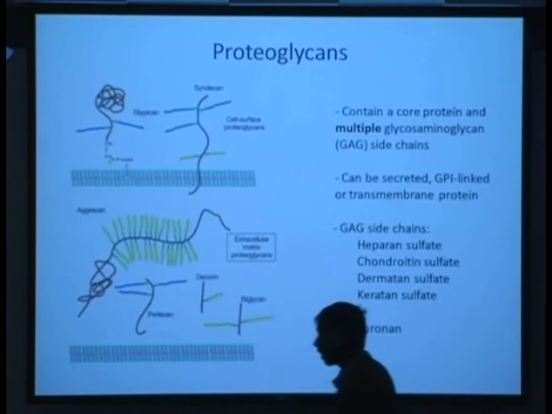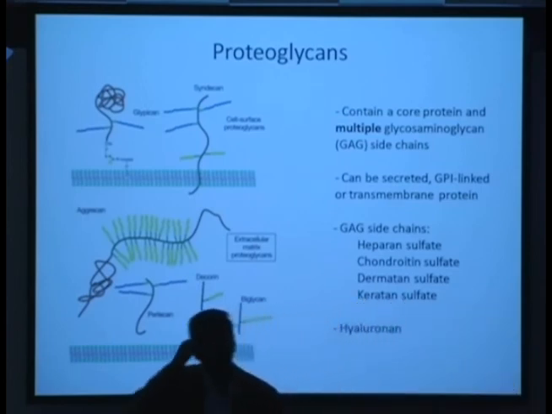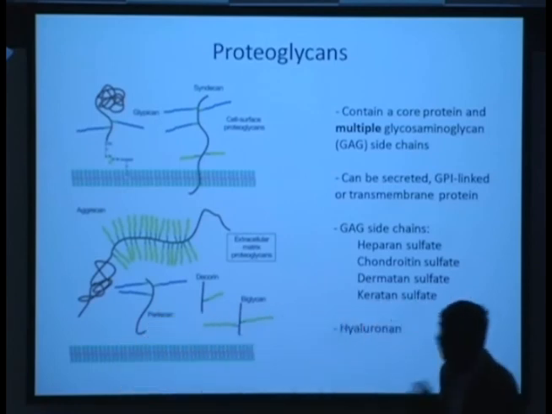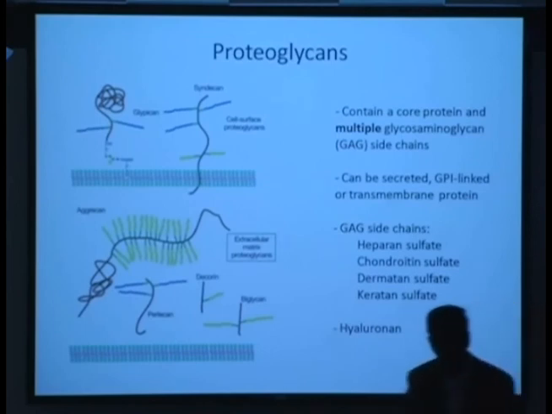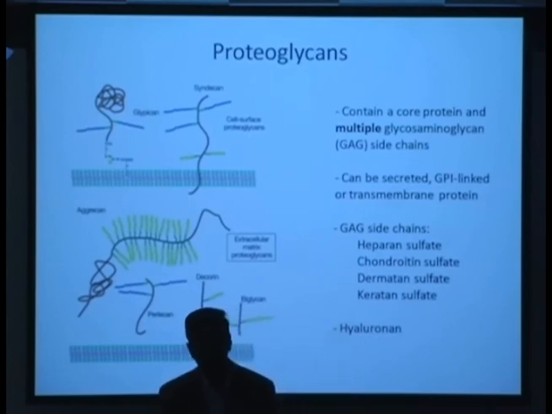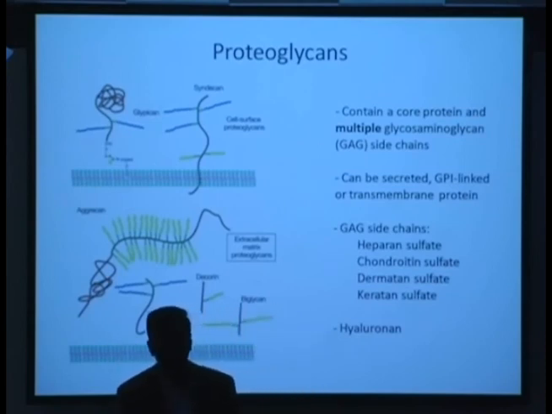For example, syndecan, again, another phenomenal paper from Ralph Sanderson when he was postdocing with Bernfield, another giant in the field, in the 1970s and 80s. They looked at syndecan expression in lung development in the mouse, at E9, E10, E11, different embryonic days.